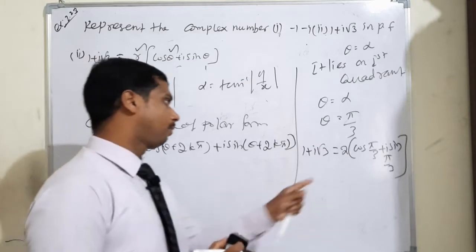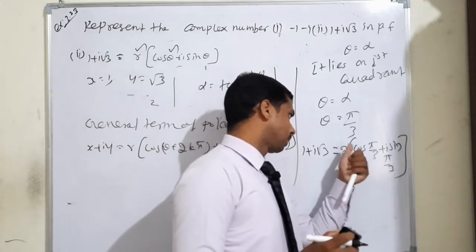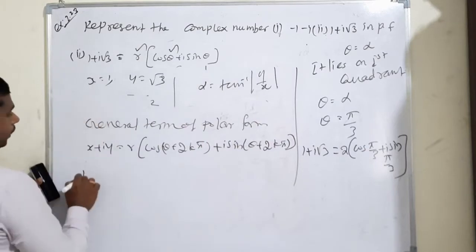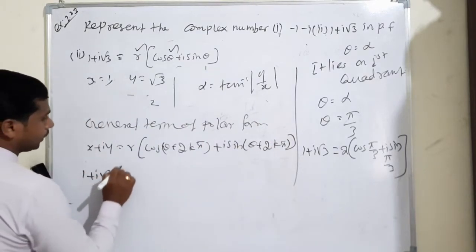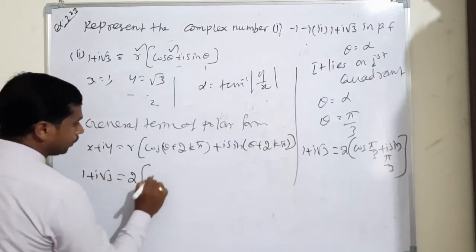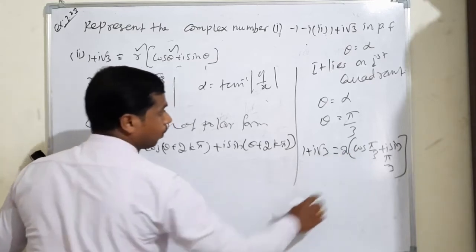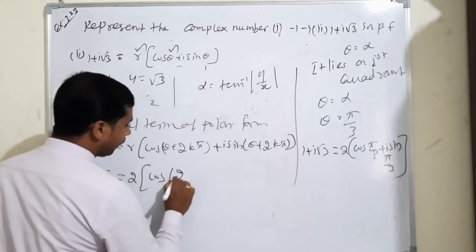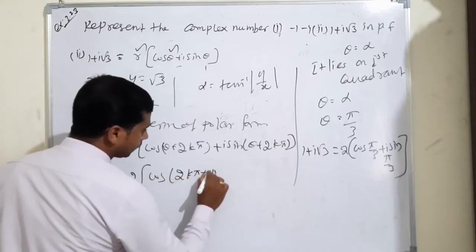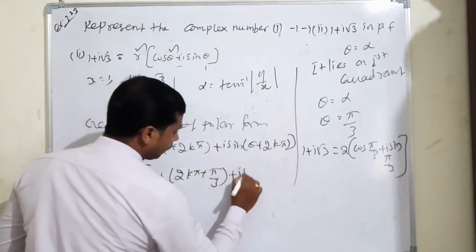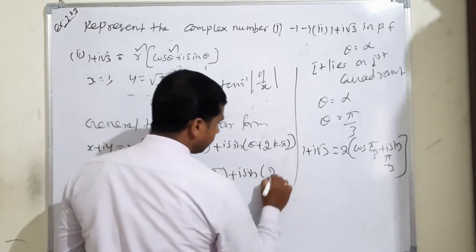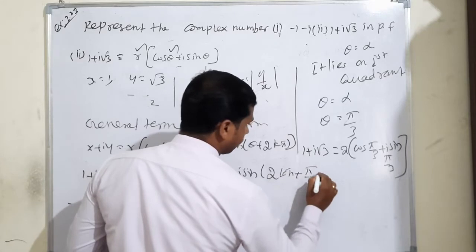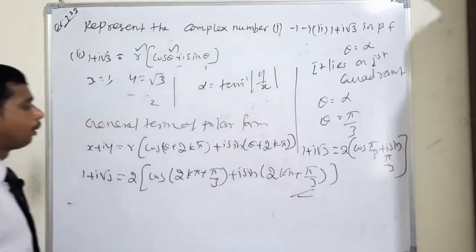Just add 2k pi to the basic form, it's enough. So, how to rewrite now? The given condition 1 plus i root 3 is equal to r value 2, then cos of, already we found pi by 3, therefore 2k pi plus pi by 3 plus i sin of 2k pi plus pi by 3. That's all. This is called the general term of polar form.